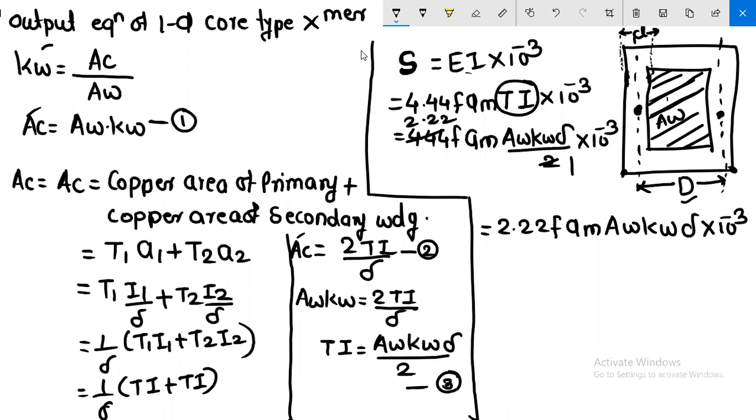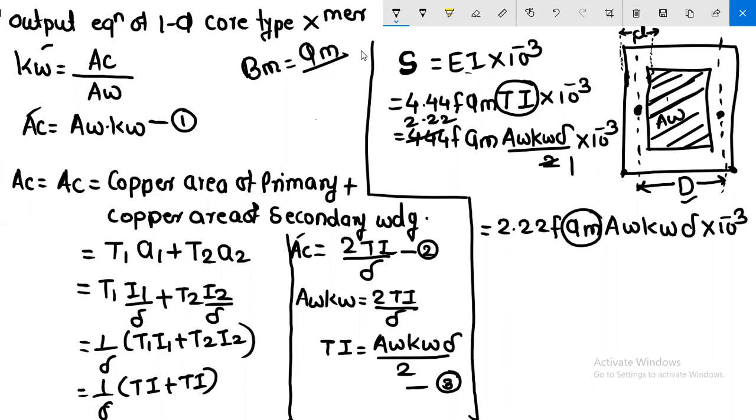Okay. Now see, we know this particular equation. This phi m stands for the maximum flux. Now, what is the formula for flux density? That is nothing but Bm. Bm is equal to phi m, that is, flux divided by area.